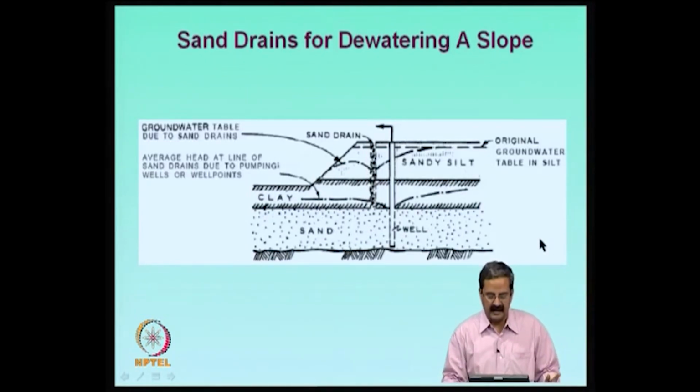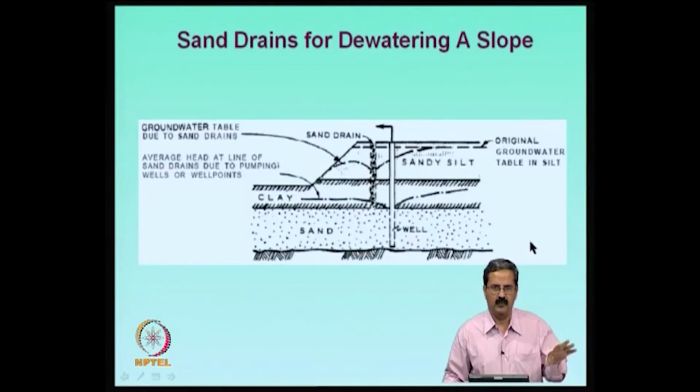In this context I must give an example. There is one area where I was trying to understand a case study, a particular bus stand area where there was a lot of water logging, and before a minister visited that area, they wanted to keep it completely dry.